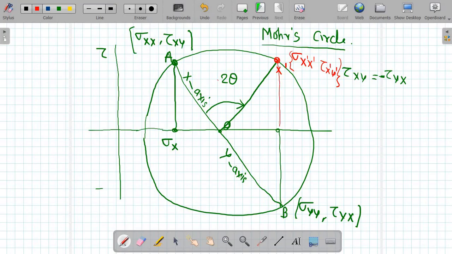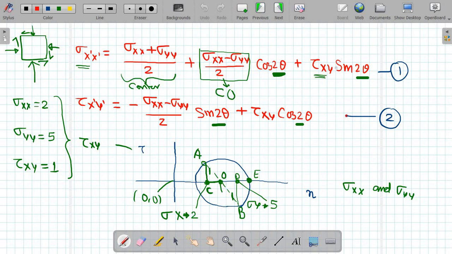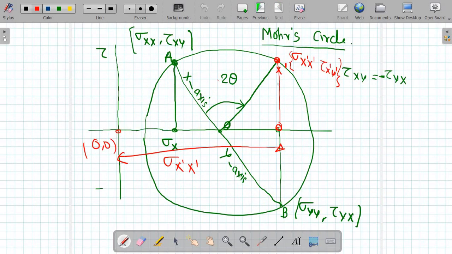So, ultimately we have to find out this value from 0 0 to this length. What is this length? If you go back by this expression, you will certainly find out that at this particular point the sigma x dash value will be like that. So, that is why we can say that you can rearrange this into a circle.